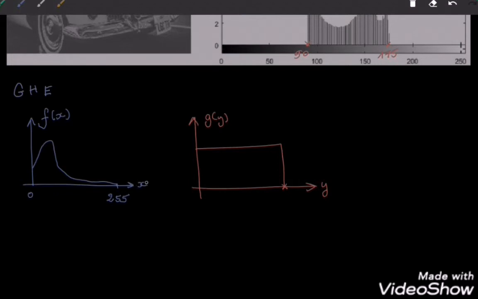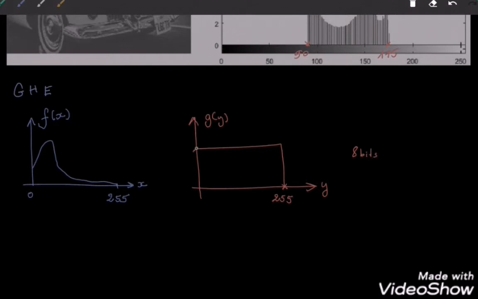So X here represents the pixels of the image with a bad contrast, and here Y represents the pixels of the image with the good contrast, or of the enhanced contrast. So here we have 255, which is the maximum value for an 8-bit image.